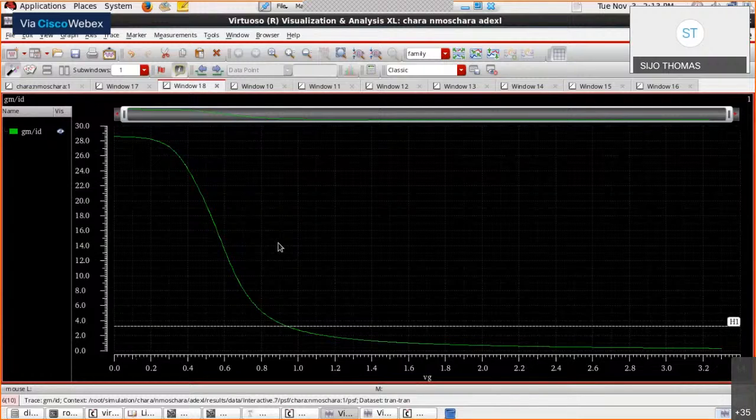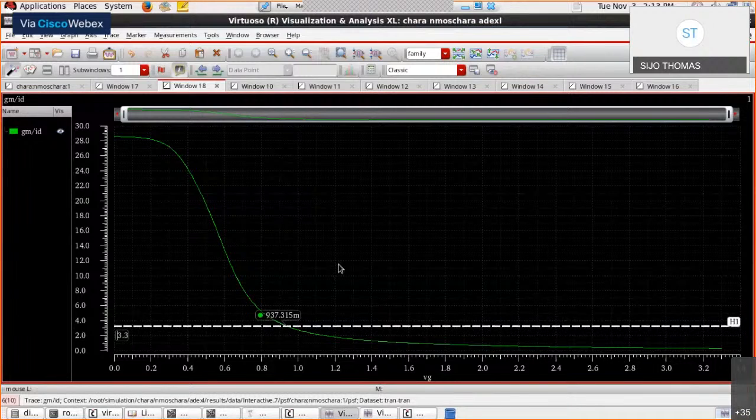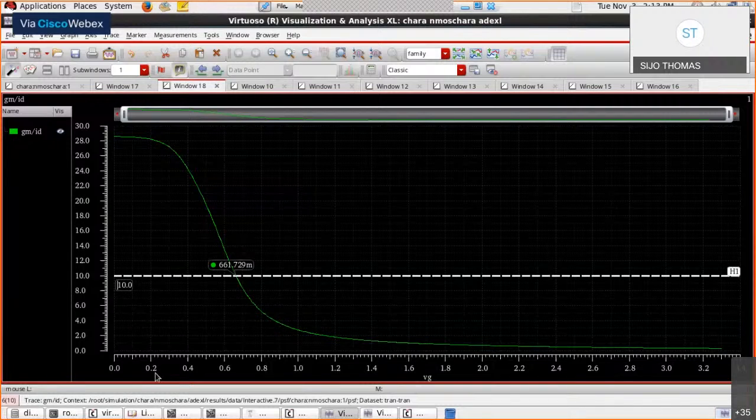I will set that horizontal cursor to 10, the new value we are trying. Naveen, can you put 10 there? Yeah, so at 10, we are getting a VGS value of 661.72, almost equal to 662 millivolts.